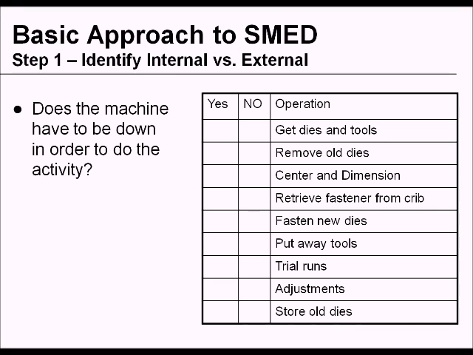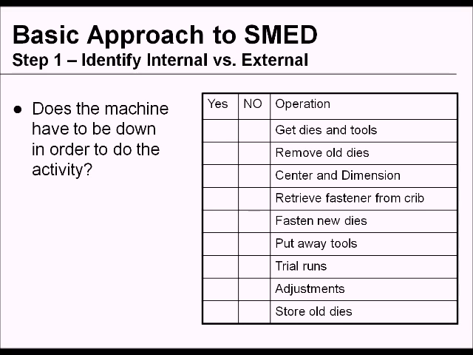You just write down all the operations that have to happen for the changeover, and answer the question yes or no: does the machine have to be down in order for the activity to happen? Like getting the dies and tools. Obviously, the machine doesn't have to be down for that. You can do that while the machine's running.